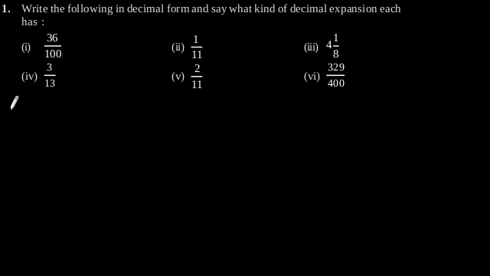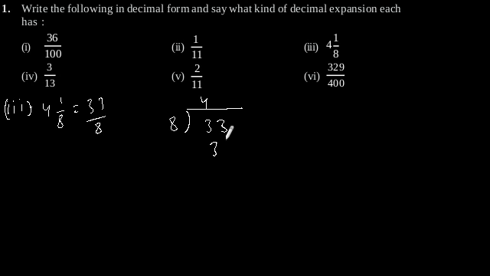Next is part 3, that is 4 1 by 8, which is equal to 33 by 8. So we will solve for 33 by 8. 8 fours are 32. 1.